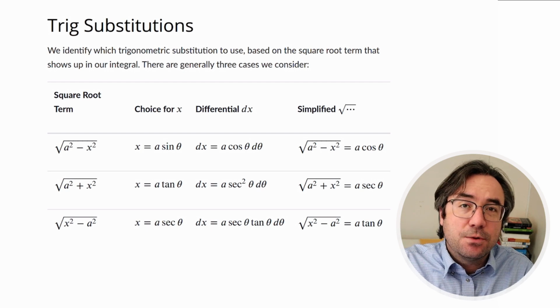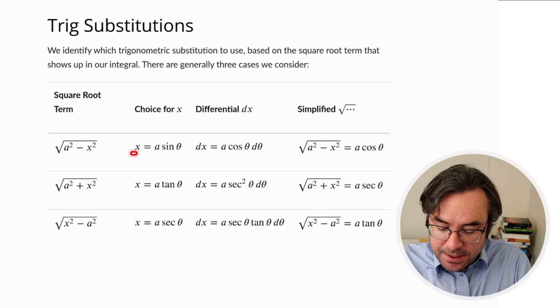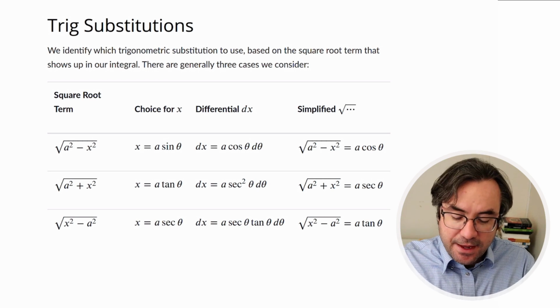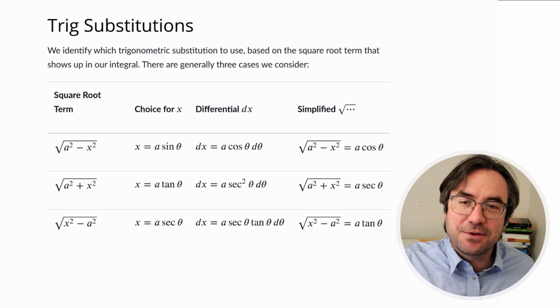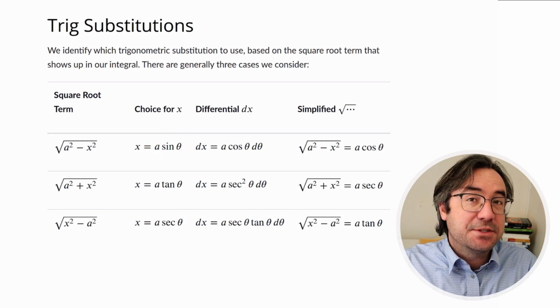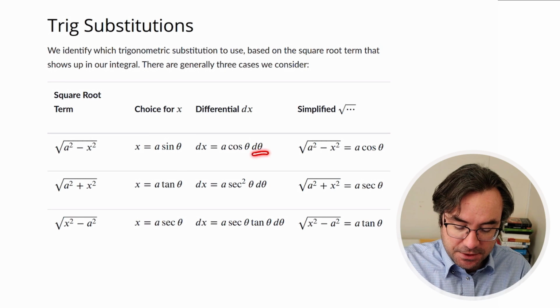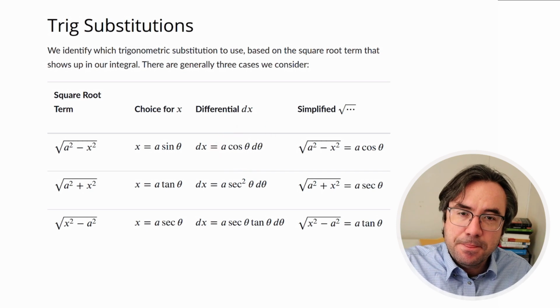Once we have x selected, we calculate our new differential dx. We differentiate a times sine theta, and we get a times cosine theta, and then we multiply by d theta. So we see how our differential is going to change.